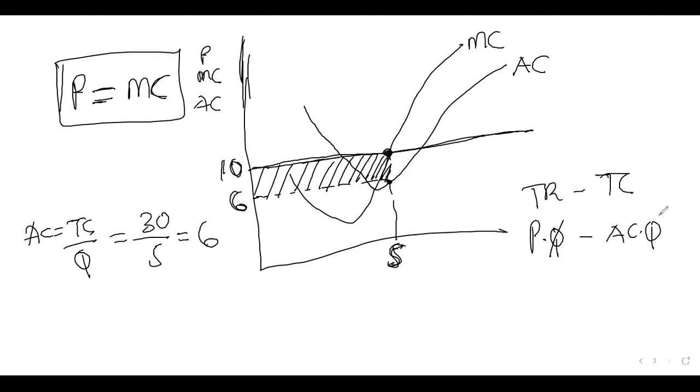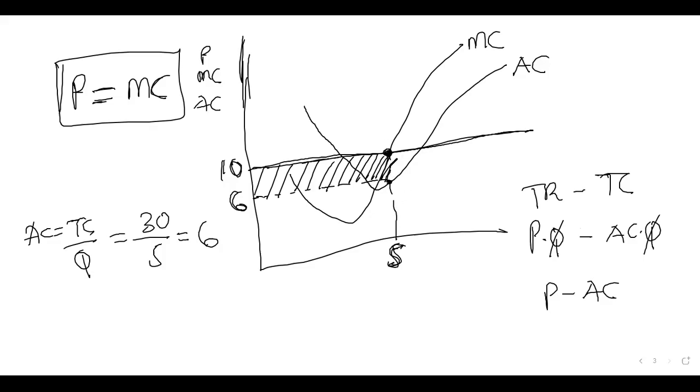If we cancel out the quantities, the profit per unit will be price minus average cost. If we divide both sides by quantity, you get per unit profit. So the per unit profit is price minus average cost, or how much price exceeds the average cost, okay?